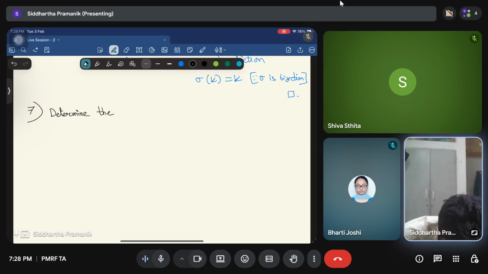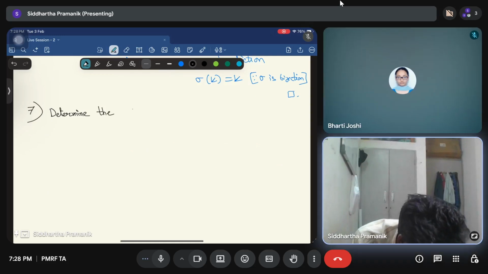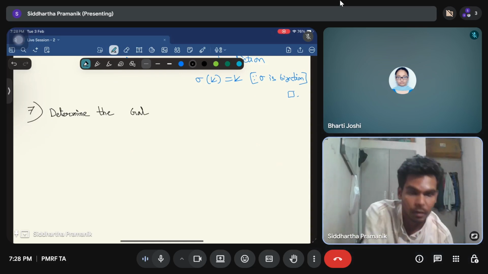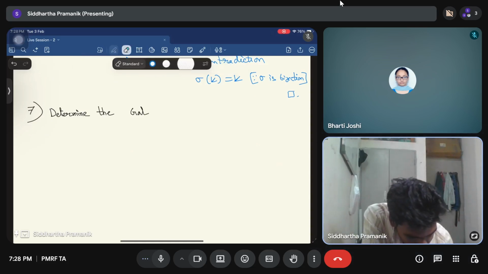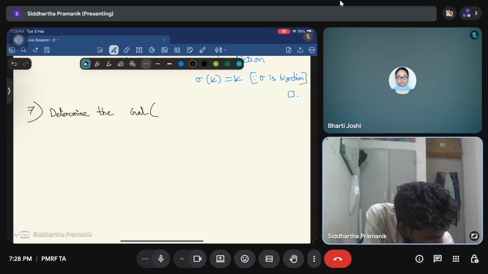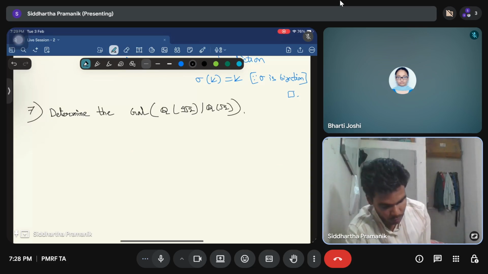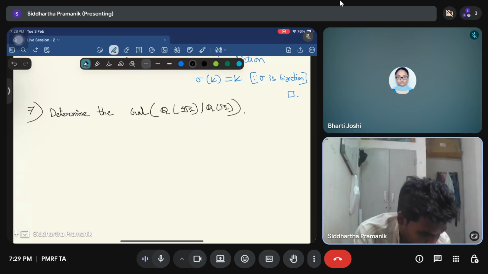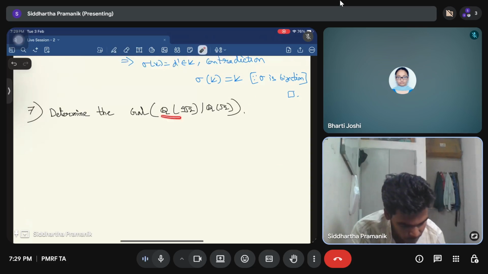So determine the Galois group of Q adjoin the fourth root of 2 over Q root 2. Okay, so how to find the Galois group? Galois group means automorphisms of this which fix the base field Q root 2.